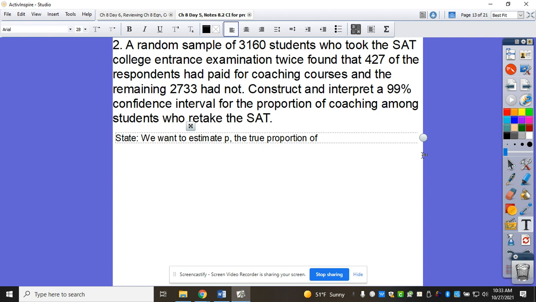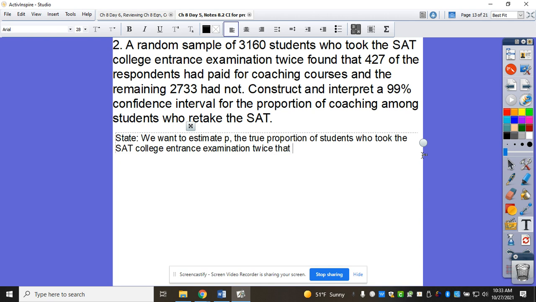So mixing up how you choose to write that is fine as long as you understand that students who took the SAT college entrance exam, that's our population.